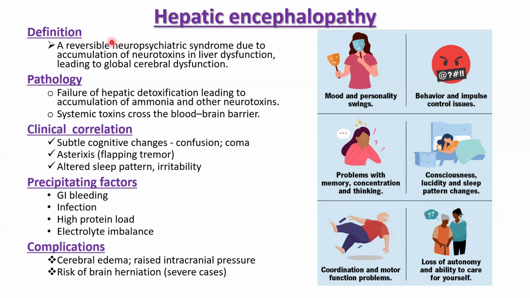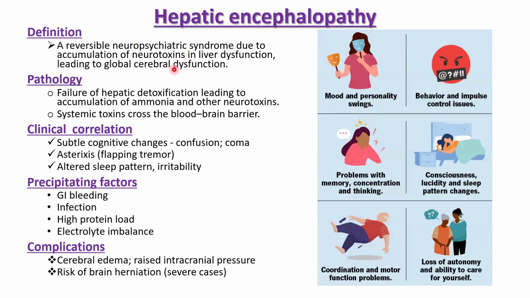It is neuro, that is related to the brain and cerebrum, the nervous system. So it is neuropsychiatric: the person will have confusion and psychiatric features due to accumulation of neurotoxins in liver dysfunction.